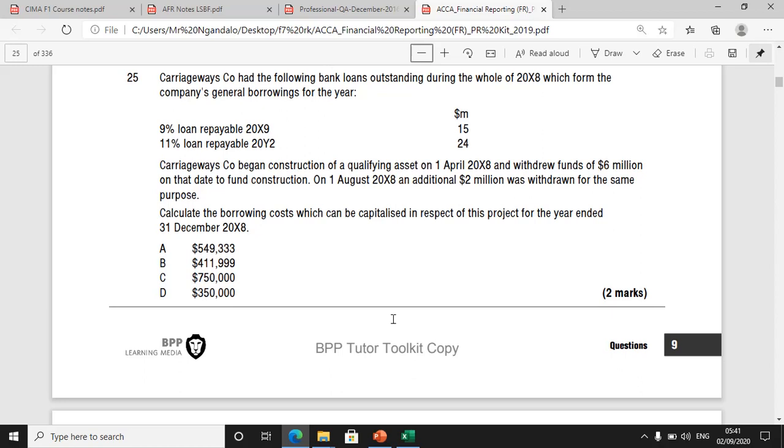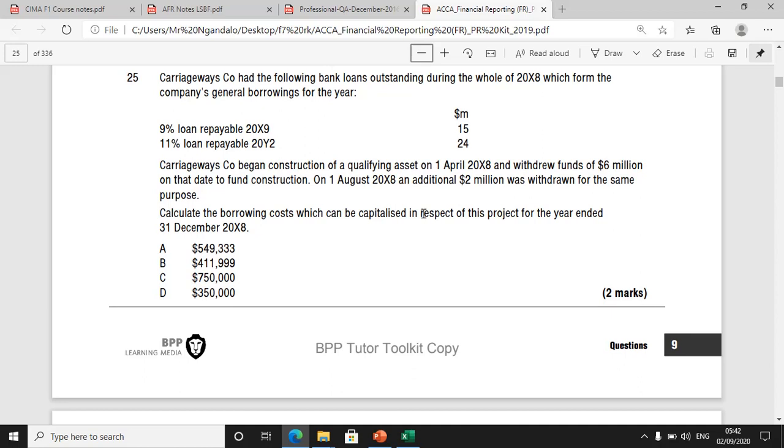A 9% loan, principal is 15 million, and then we have got an 11% loan, the principal is 24 million. The company began construction of a qualifying asset on 1st April 20X8 and withdrew funds of 6 million on that date to fund construction.